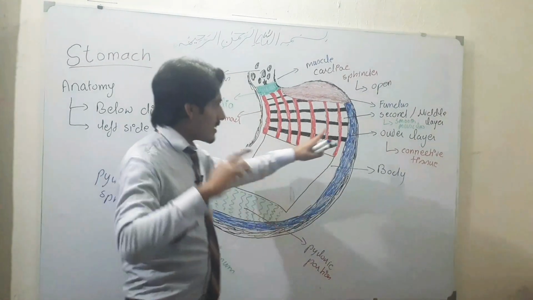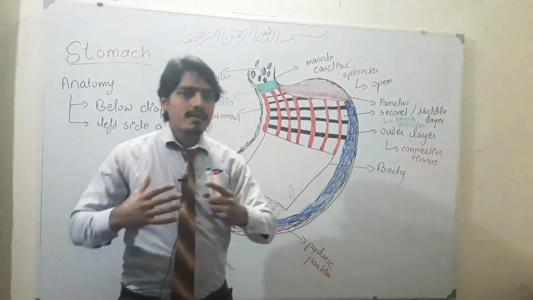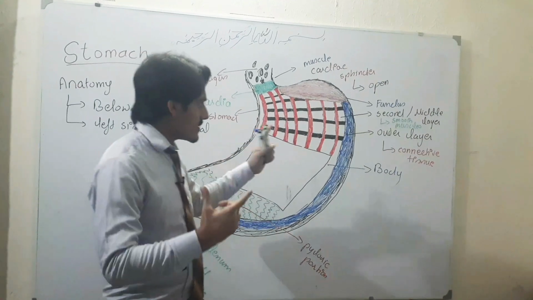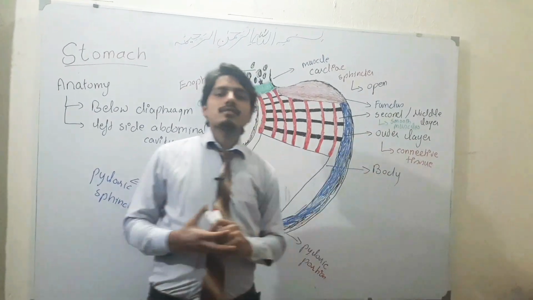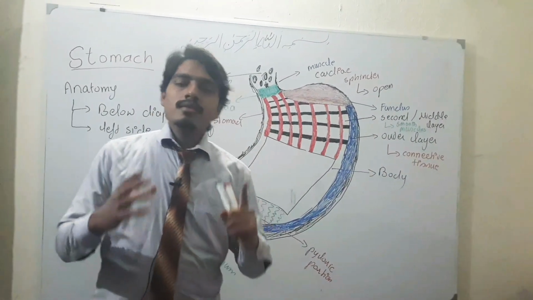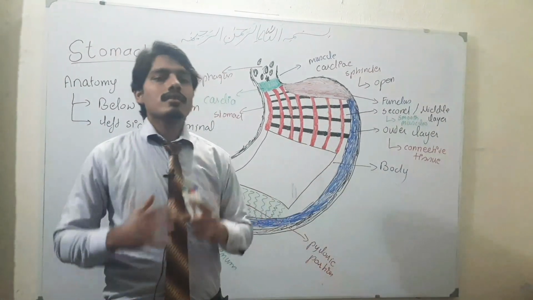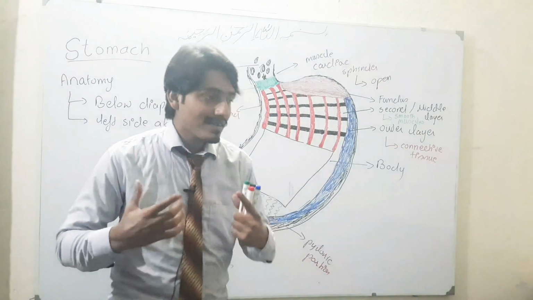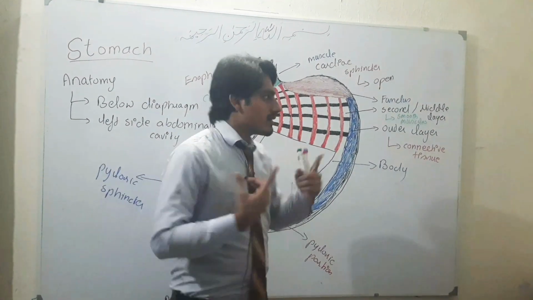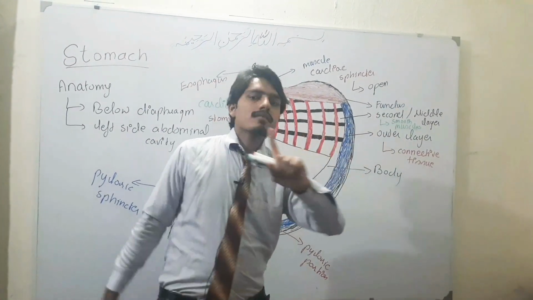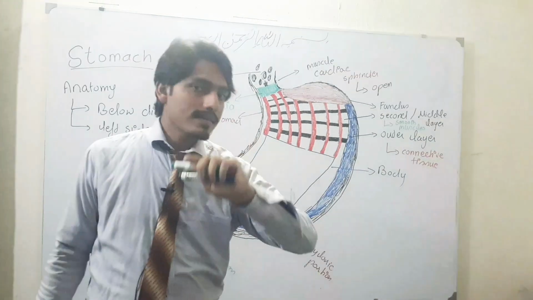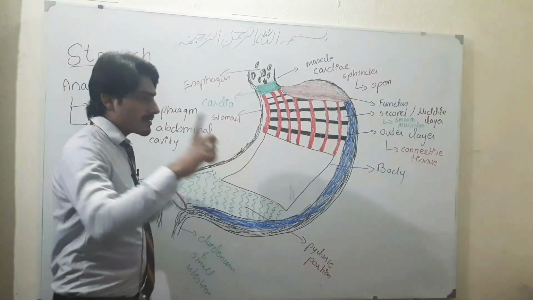The middle layer of the stomach consists of smooth muscles, and smooth muscles are involuntary. Involuntary means these are not under the control of our body. Smooth muscles are present in three layers.